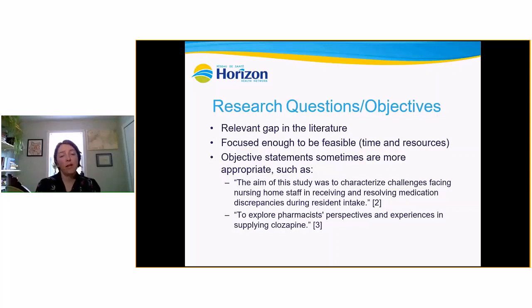Another was to explore pharmacists' perspectives and experience in supplying clozapine. So just to give you an idea, it doesn't necessarily have to be in question format, and I think that reflects the more broad and exploratory nature of qualitative research.